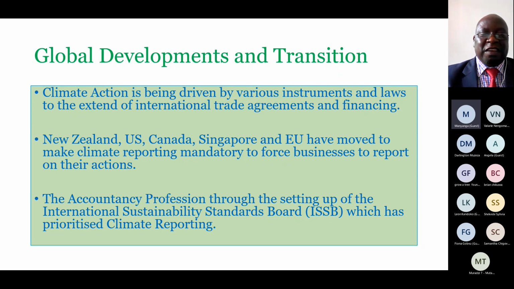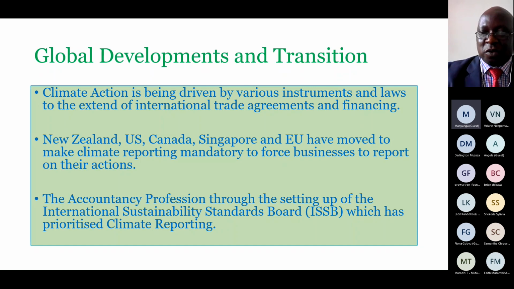Lastly, in the accountancy profession, they've also come through with the setting up of the International Sustainability Standards Board, which was launched in Glasgow during COP27, and which has now prioritized climate reporting. So this is basically driving climate action by businesses. Effective, I think, from the coming year, all financial reports have to be accompanied by sustainability information, and the priority at the moment is climate reporting.